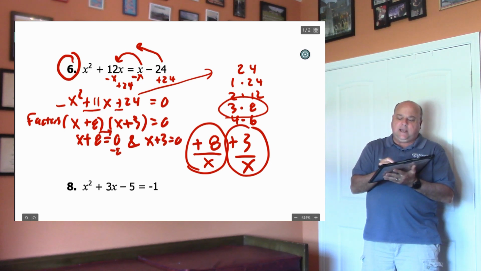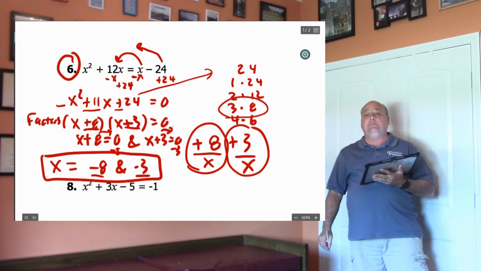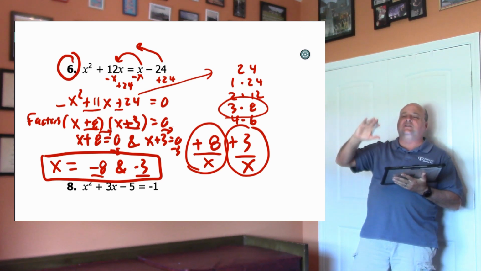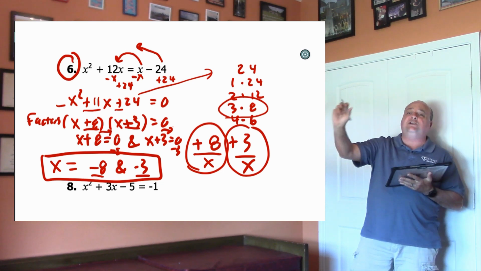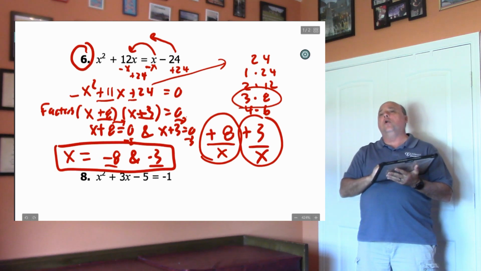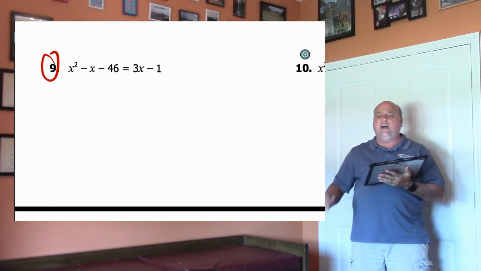If you move over the 8, move over the 3, you're going to get x equals negative 8 and negative 3. Remember that your factors, plus 8 plus 3, and your zeros are going to be opposite signs. Your factors and your zeros will be opposite signs. If there's a number in front of x, you're going to have a fractional 0. Keep going on. F-U-N, fun, fun, fun.